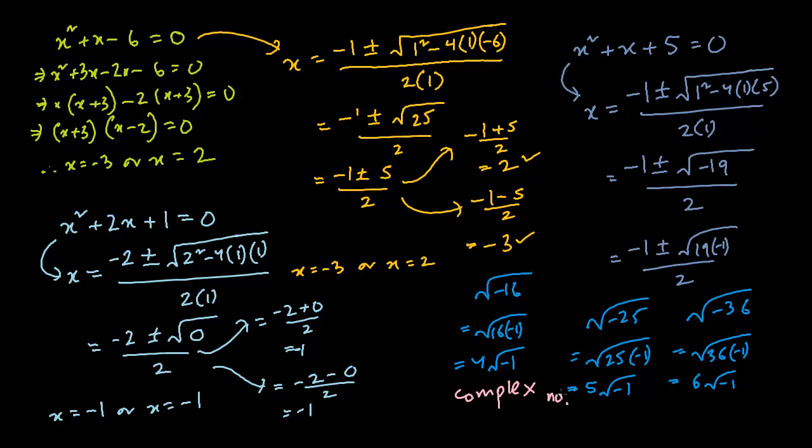It can also be called an unreal number, or an imaginary number. So complex number, unreal number, imaginary number all refer to square root of a negative number. It doesn't matter what the entire number is. We can always bring it outside the square root, like 16 becomes 4. But the problem is always with square root of negative 1.